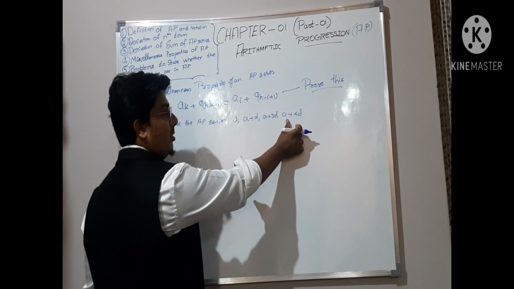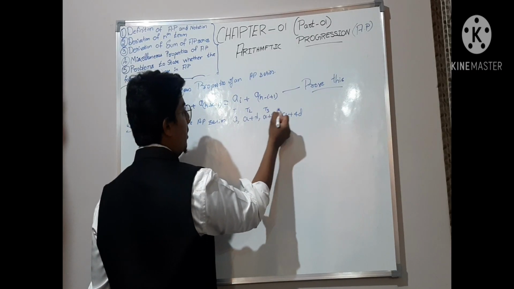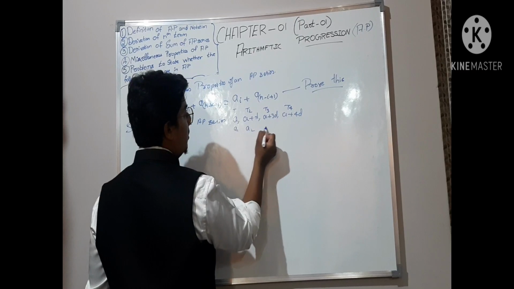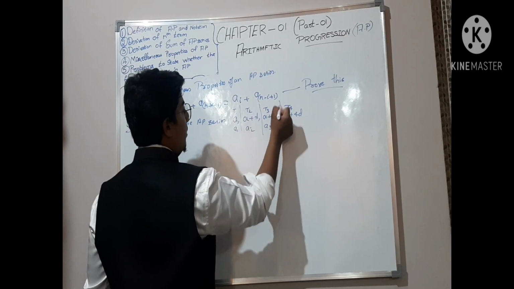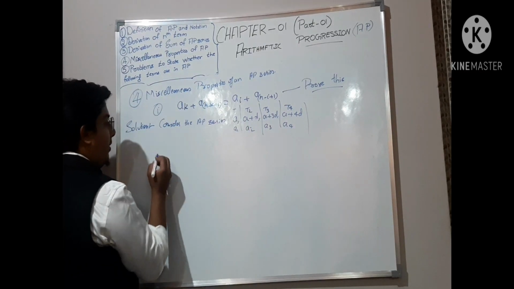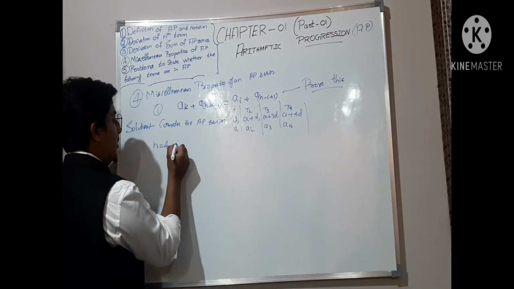So this is T1, T2, T3, T4, or we can also call them A1, A2, A3, A4. As the terms indicate, we have 4 terms, so n is equal to 4.